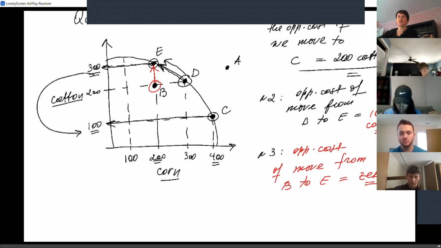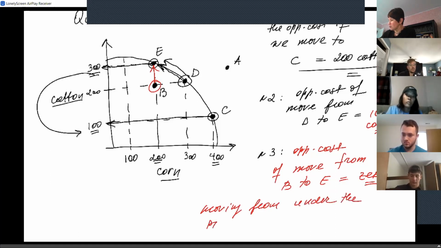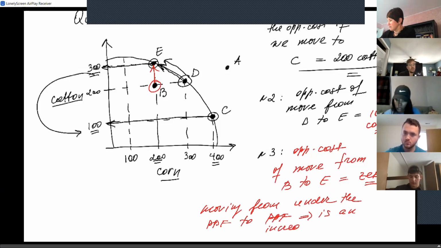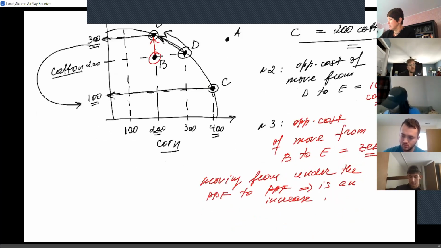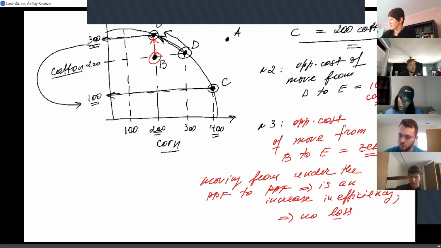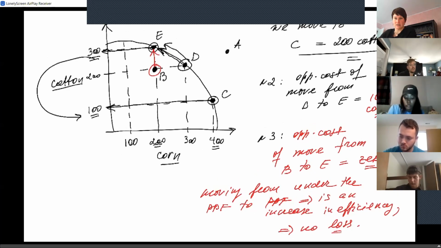Every unit of the equipment is being used and is working. You're increasing your efficiency. Moving from under the PPF to the PPF is an increase in efficiency. Therefore, no loss, at least the way it's presented.